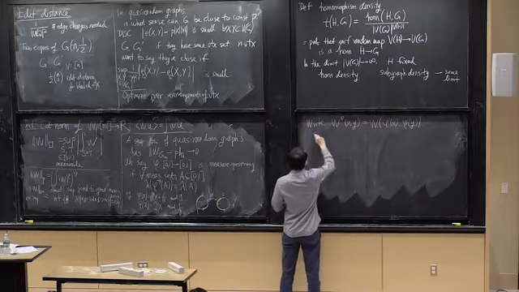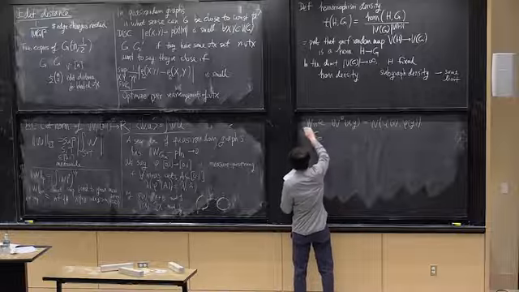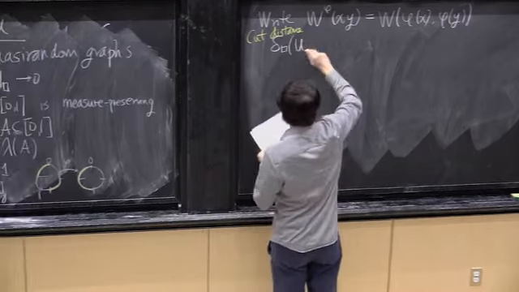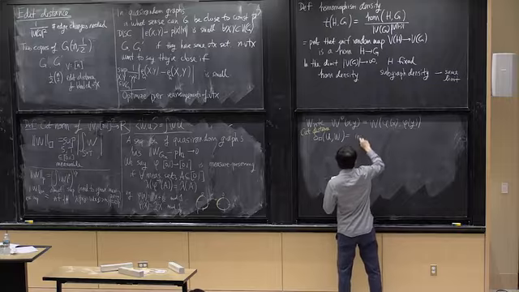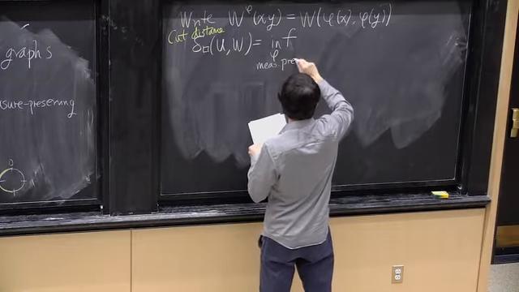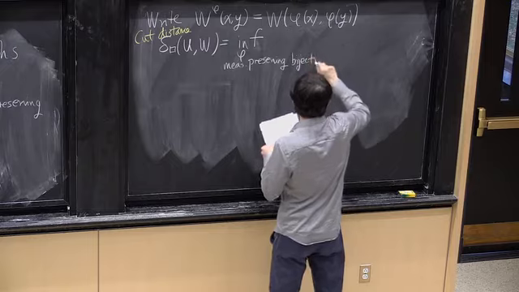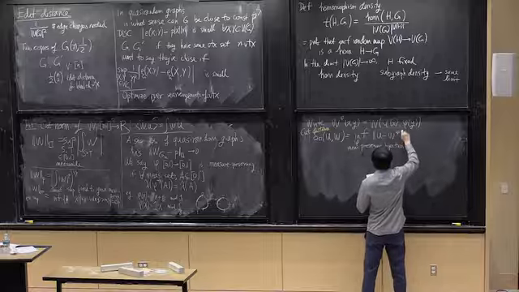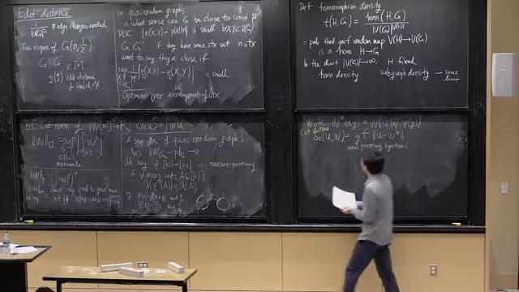And now I define this distance, which is going to be called the cut distance, between two symmetric measurable functions, u and w, to be the infimum over all measure preserving bijections. Okay, so this is the definition for the distance between two graphons.